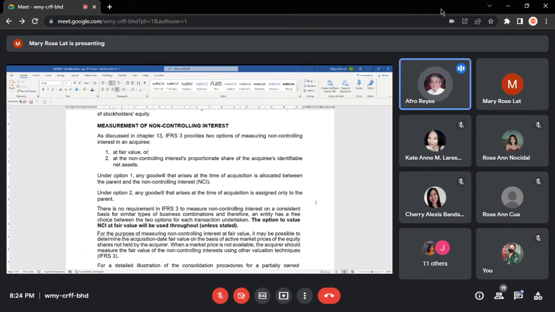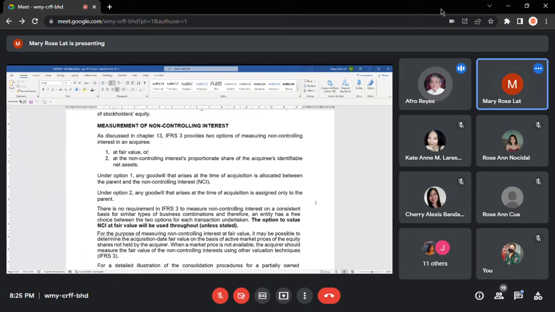Ano ba ang nangyayari sa date of acquisition? Siyempre, ipa-finalize mo na yung mga financial statements for that period. Kunyari, ang date of acquisition natin end of month, ipa-finalize mo na lahat ng financial statement mo as of that end of month. This is also the chosen date of acquisition para lesser ang trabaho.